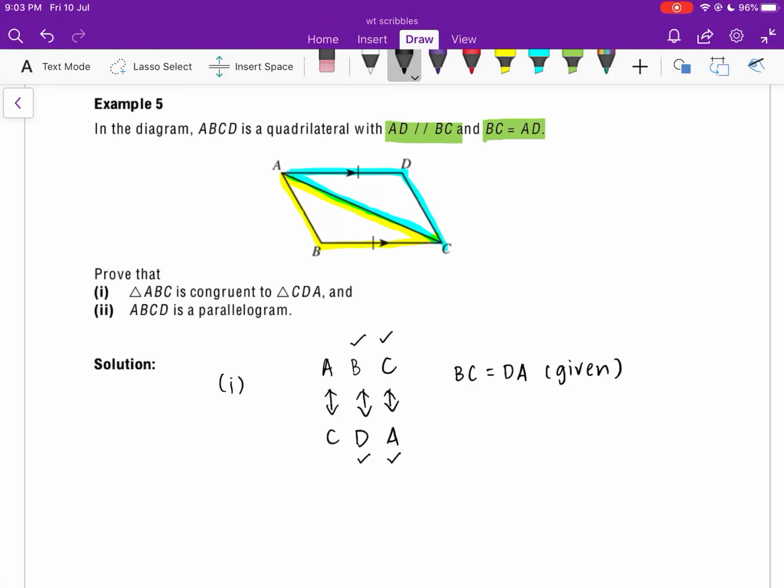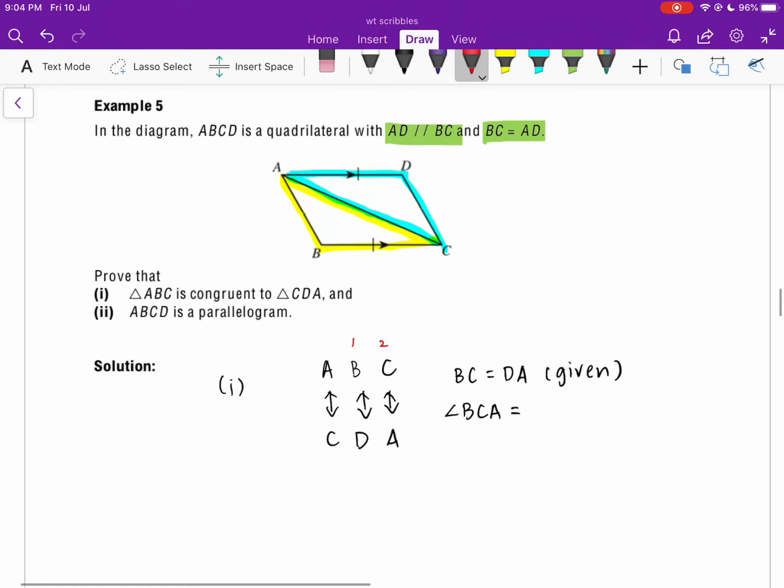Other than that, we can also say that angle BCA equals angle DAC. Remember it goes according to the sequence, so it is BCA, so we follow the sequence.